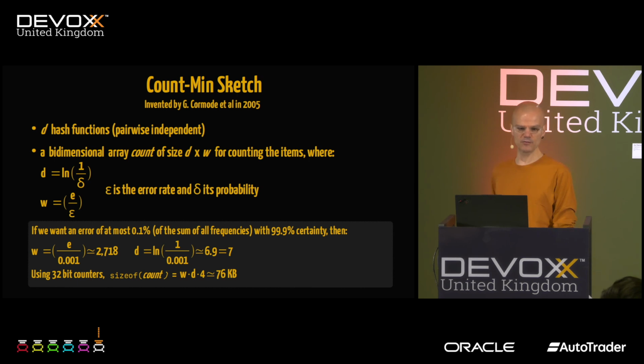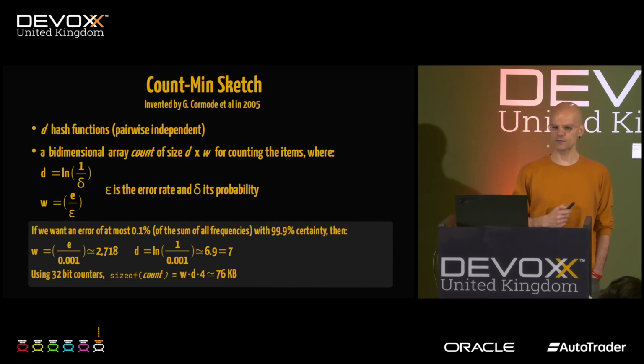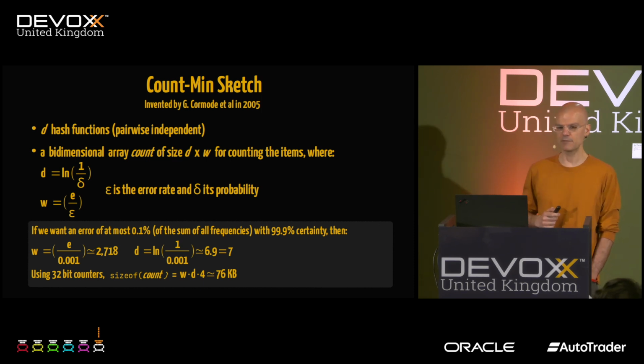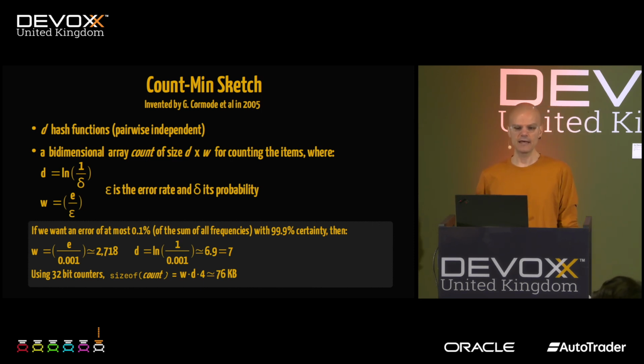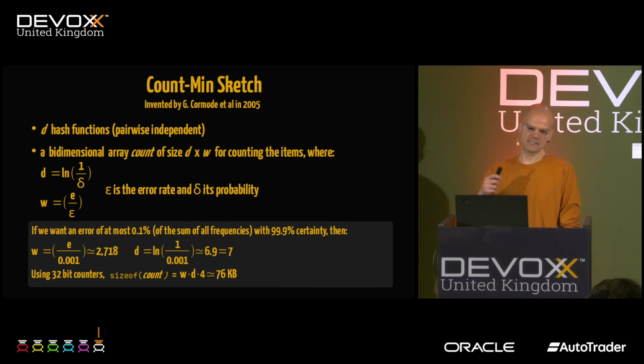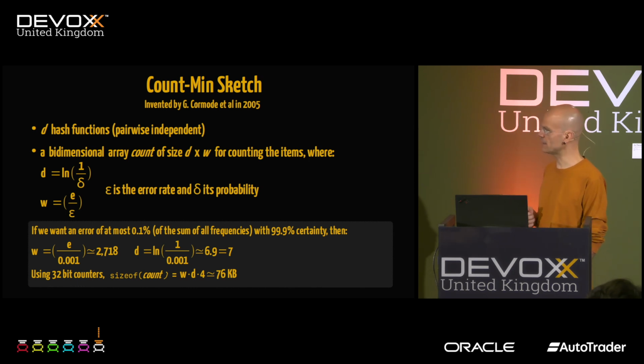In this example, if you want an error rate of at most 0.1% with 99.9% certainty, then the size will be around 76 kilobytes in all, using 7 hash functions.